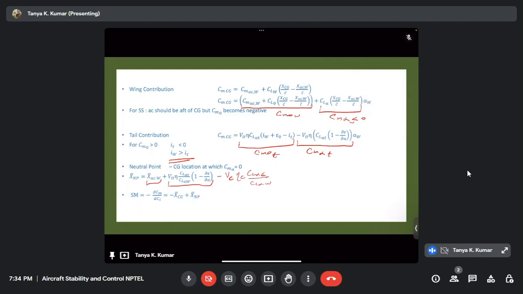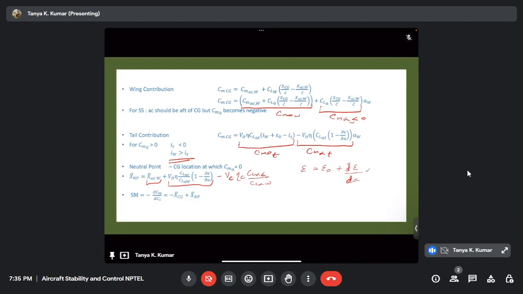We discussed this even in the last week, that is the week 12 session. We discussed this even there. What was downwash? Downwash is represented by epsilon, that is epsilon naught plus d epsilon by d alpha into alpha.